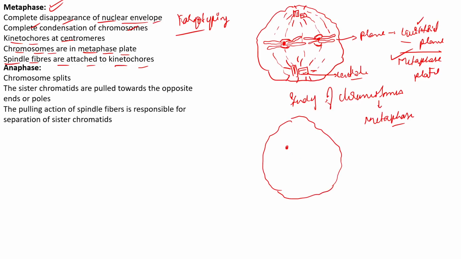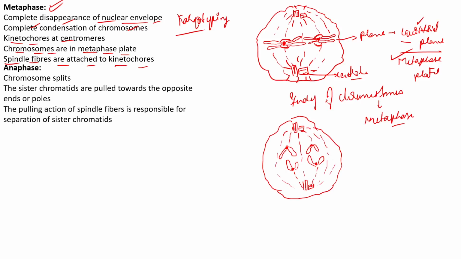So this is the anaphase, and this is one chromosome, and this is another chromosome, and here we have the centrioles attached. This is how we can show it diagrammatically.